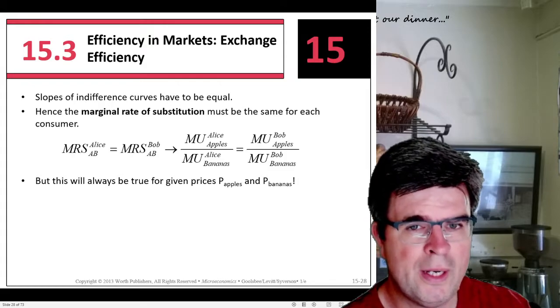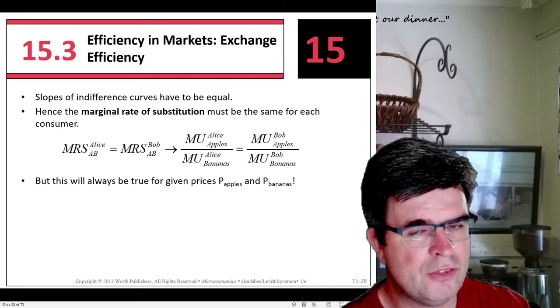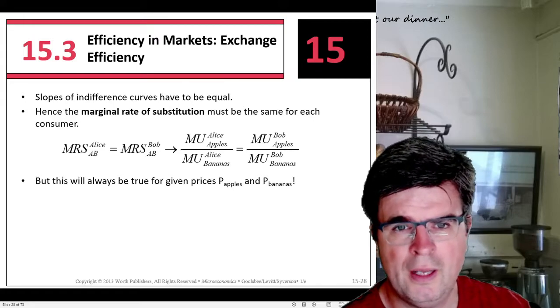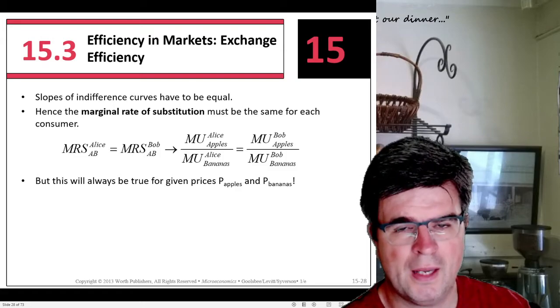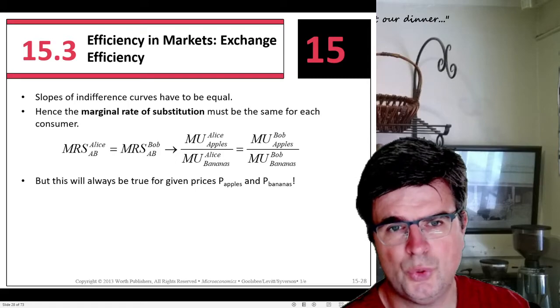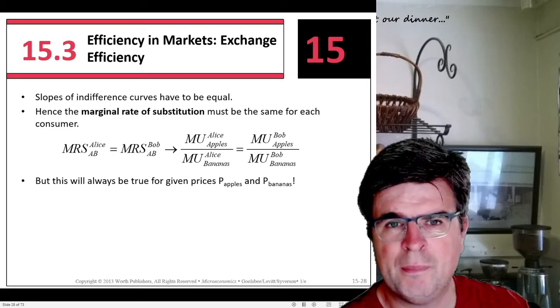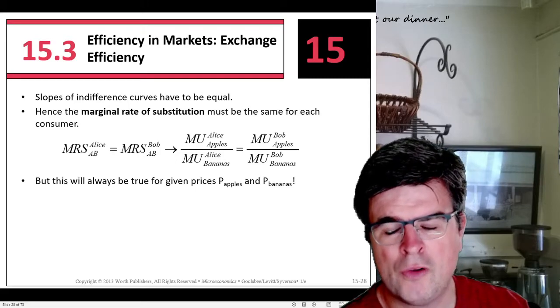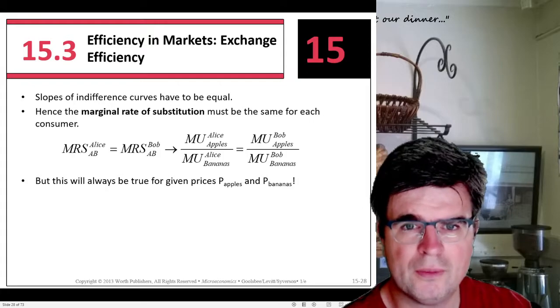So they equate the marginal utility ratios, the marginal rates of substitution, each independently to the same price ratio. And by equating them to the same price ratio, this ensures that also the marginal rate of substitution of both individuals must be identical.